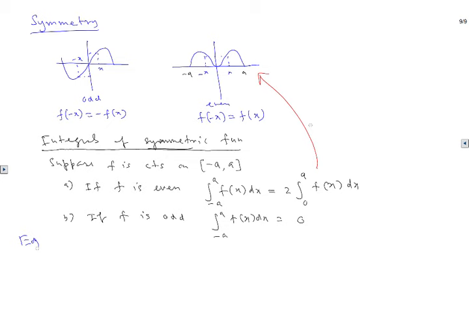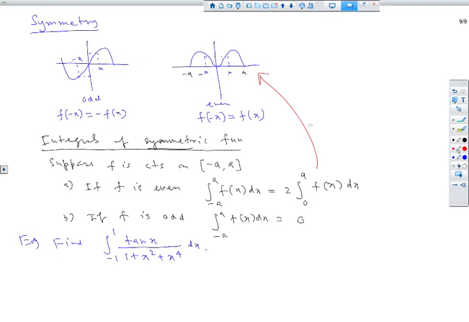Example: find the integral from negative 1 to 1 of tan x over 1 plus x squared plus x to the fourth dx. If you just try to do this integral, it can be very painful, because it's very difficult to do, but you can figure out something. What do you notice?